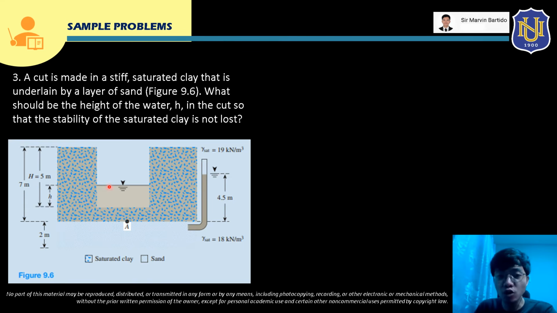Now the question is, what is the height of water needed so that the stability of our saturated clay is not lost? So, class, our critical point is still point A. Let us find the total stress and the pore water pressure at point A. The total stress is just what it is carrying, the soil and the water. For the soil, the height is just 7 minus 5, times the saturated unit weight of this clay, which is 19.